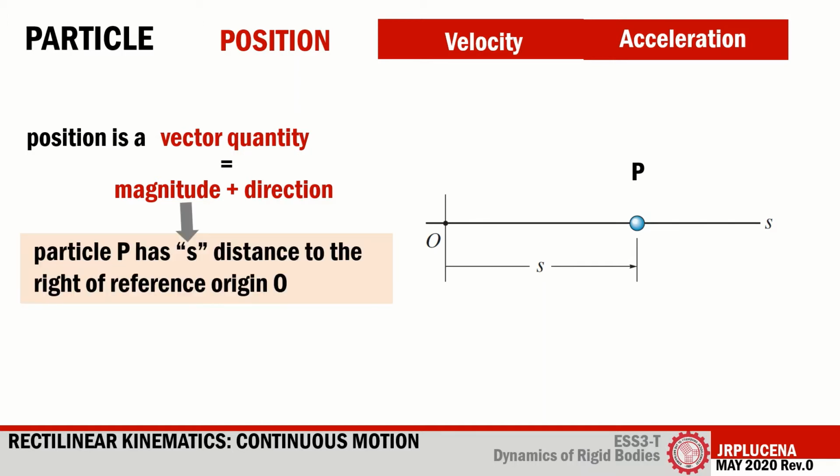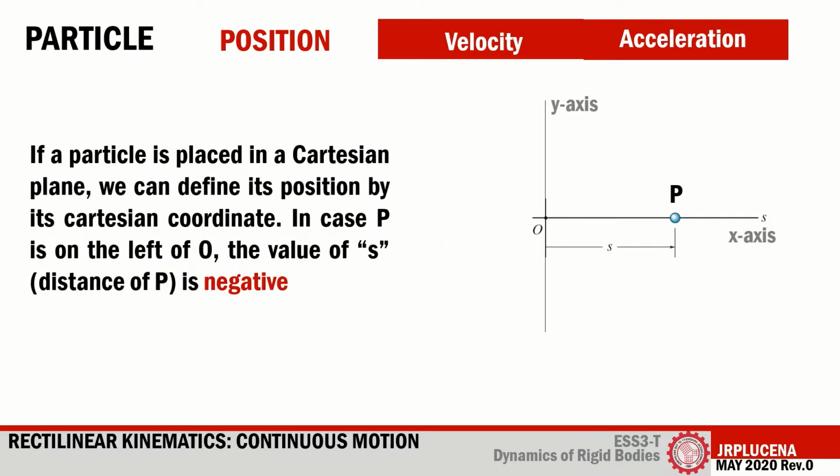In this case, P has S distance, that is the magnitude, and direction to the right of reference origin O. So that's how we say the position of an object. Again, position is a vector quantity, it has magnitude and direction.